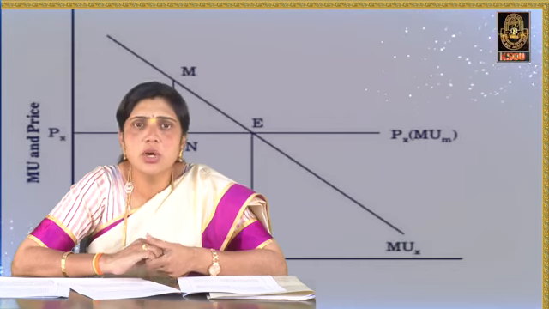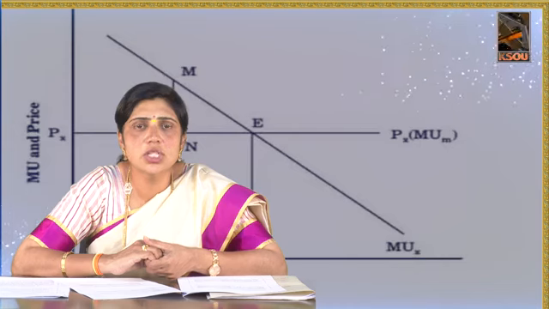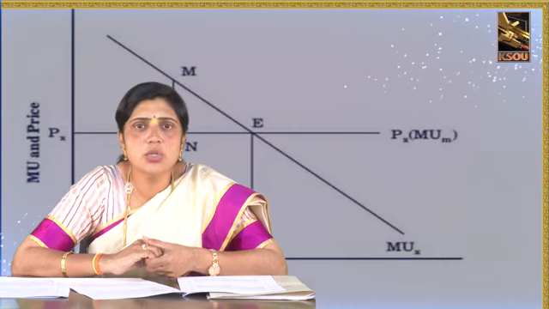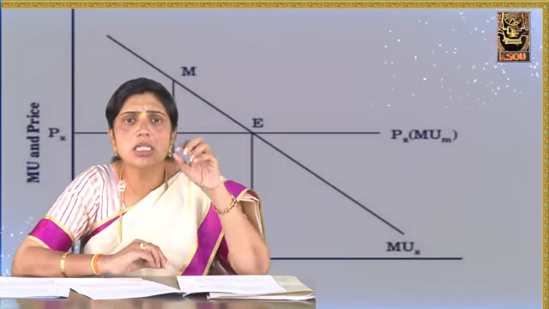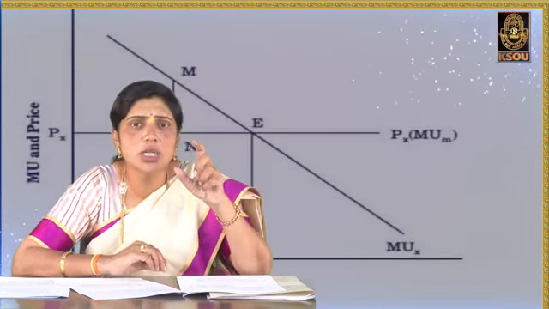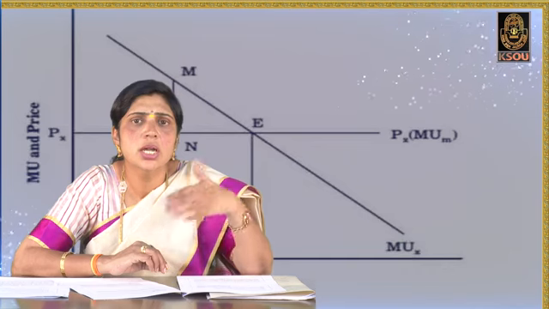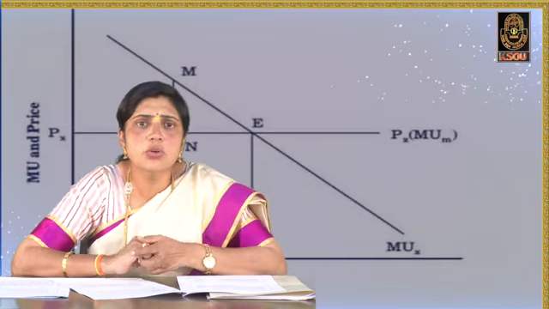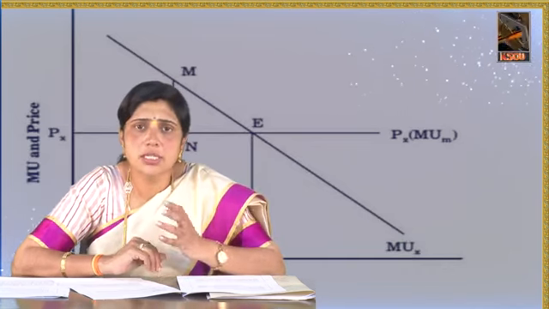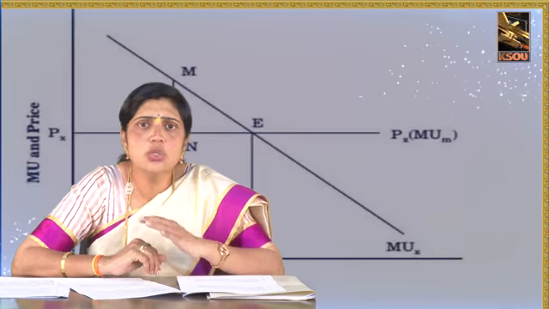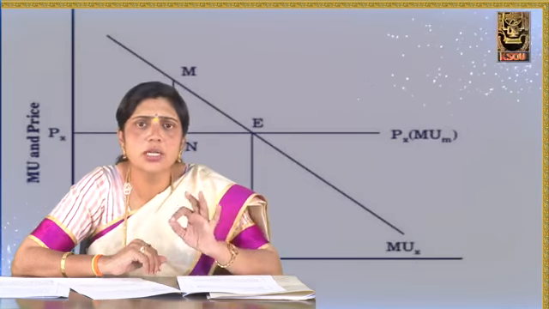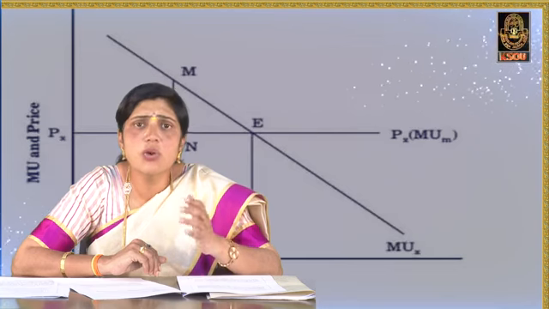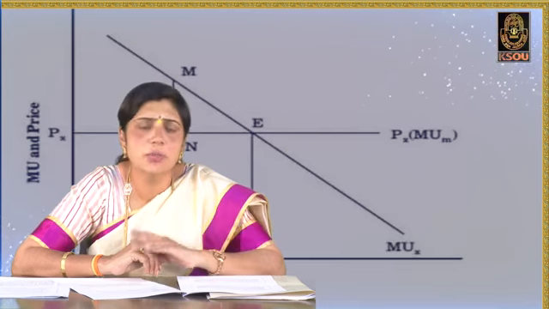Thus, the law is based upon the psychological fact that as the consumer consumes more and more units of a commodity, the intensity of his want for it goes on diminishing, and when it reaches the point of saturation, he needs no more of the commodity. The point of satiety means zero marginal utility of the commodity.